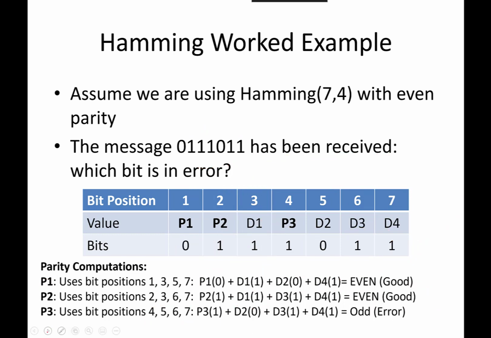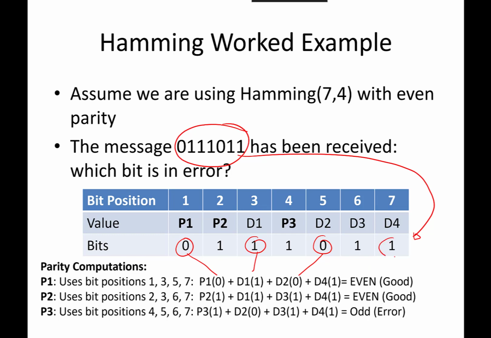Here's another example. Here we've got a different binary number that we're sending, so we once again put that down here and we do our same calculations as before. So P1, D1, D2, and D4, and that gives us even this time, so that's good. Our next one, 2, 3, 6, and 7 will give us 1, 1, 1, and 1.